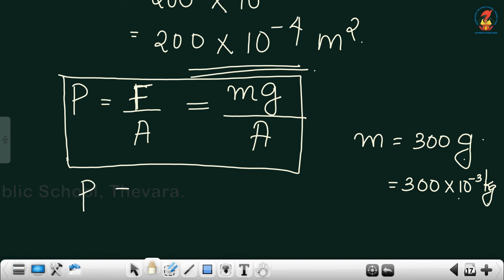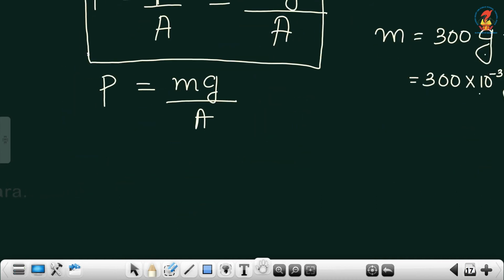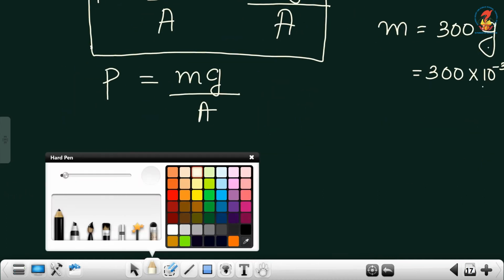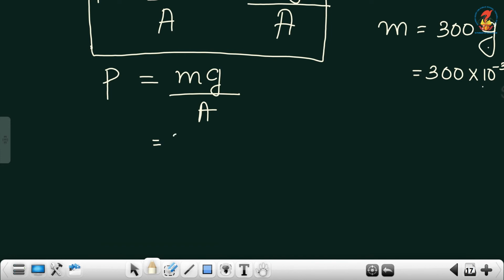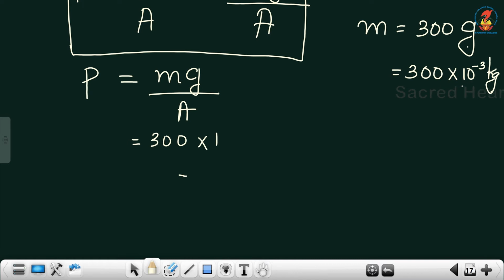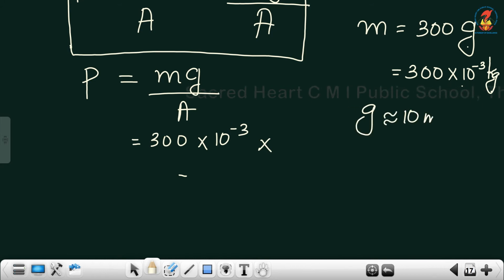So, pressure is equal to mg by A. Mass is 300 into 10 raised to minus 3 kilogram into g. Let us take g as approximately 10 meter per second square for easier calculation.